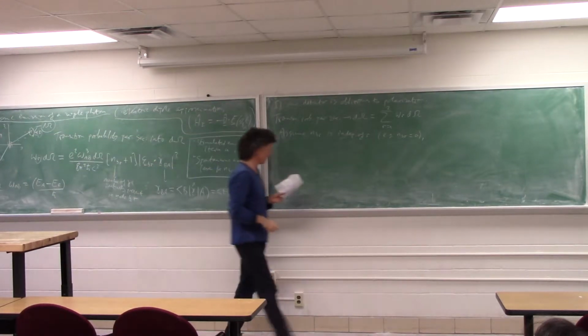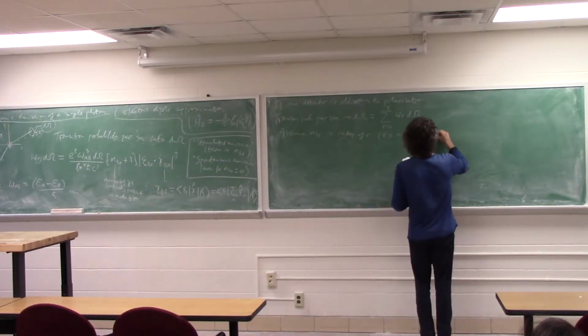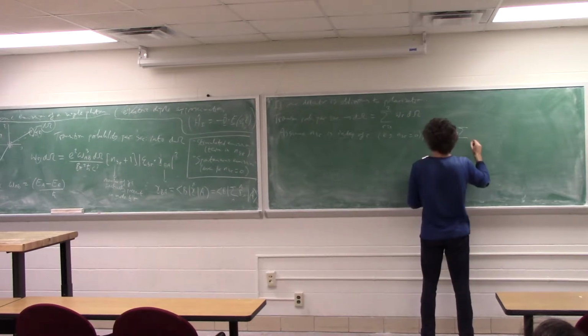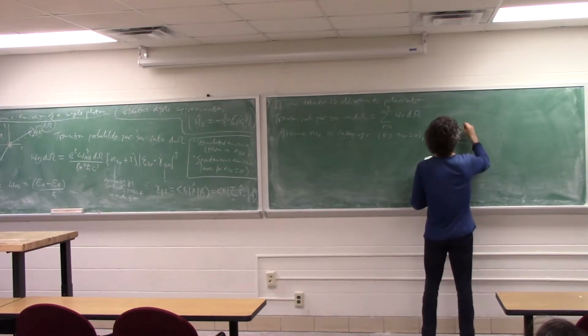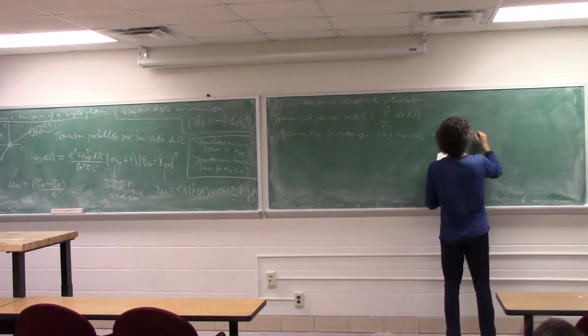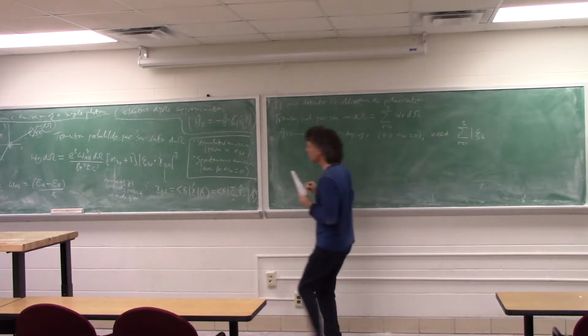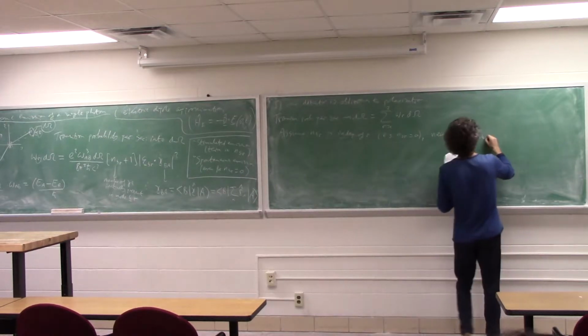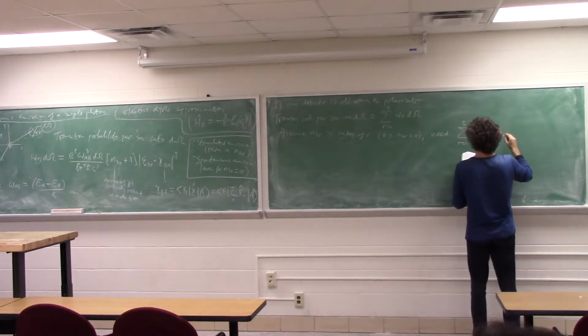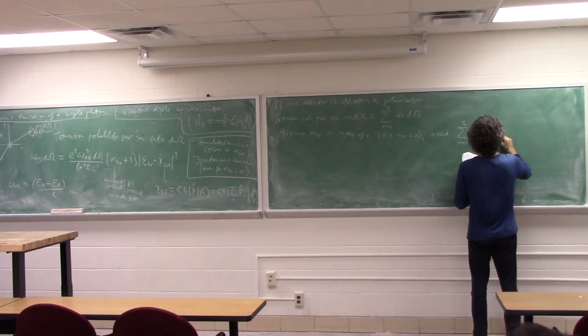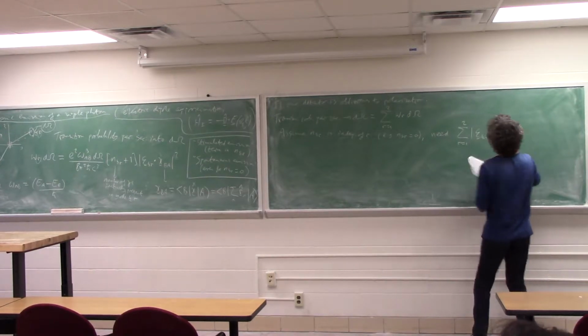We need to work out this sum of the modulus of epsilon_kR dot this vector x_BA.